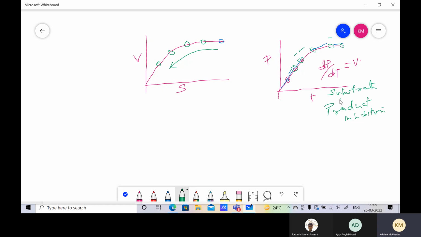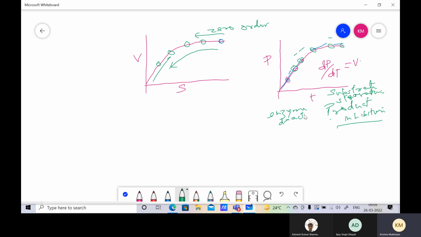From zeroth order reaction rates it has moved to first order, and that is why this is declining. But it could well be because of product inhibition. It could well be because of enzyme deactivation.